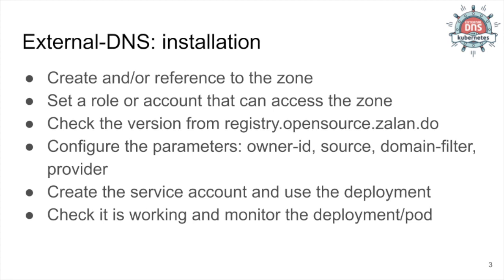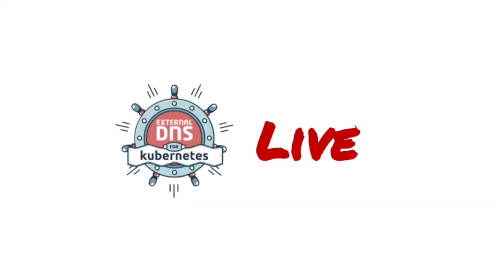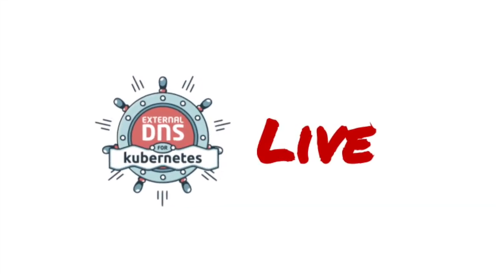And once done, you just deploy the service account for the RBAC roles and the deployment that does the management of the DNS, and you're done. You can just check it's working and monitor the deployment and pod to make sure it's working over time, and you're basically done. Let's see how it works for real.